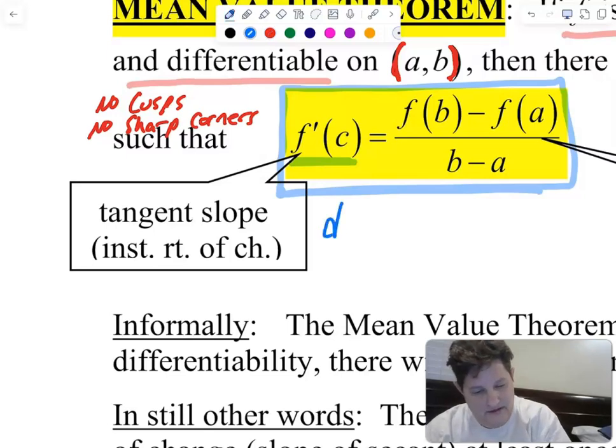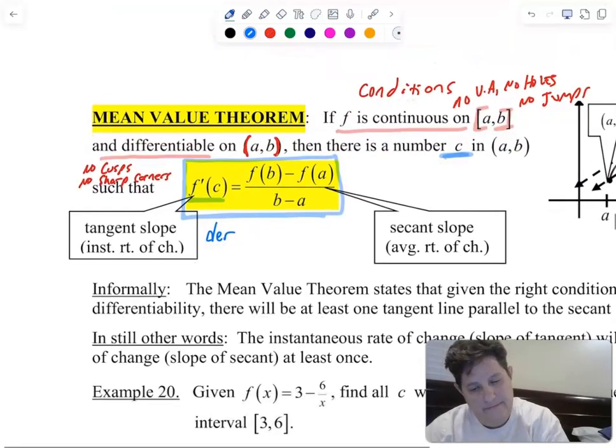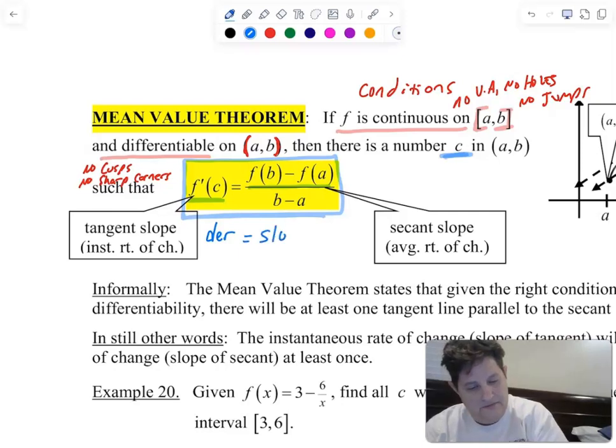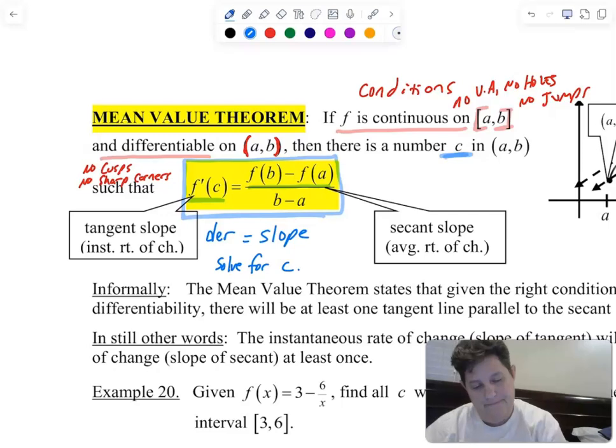Guys, that is the derivative, okay? This one represents the slope. f of b minus f of a over b minus a, you should recognize that as a slope formula. That's the slope. There's a spot where the derivative has to equal the slope. And when we solve that equation, we solve for c.